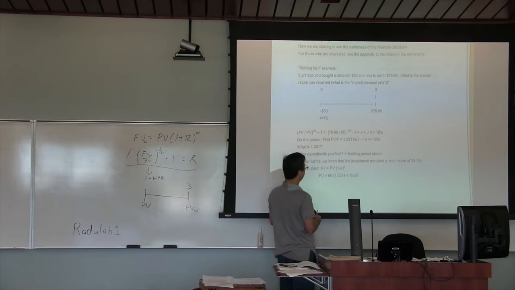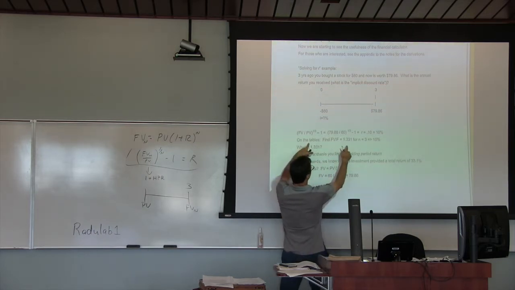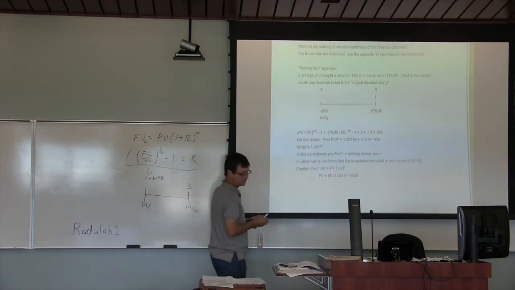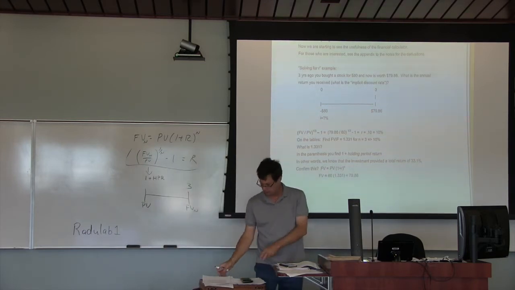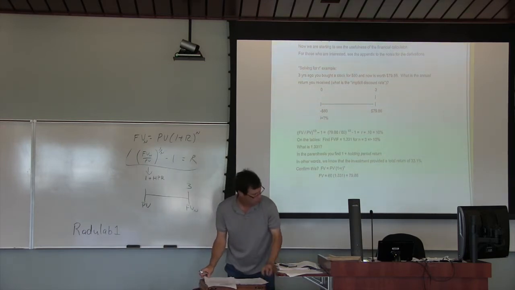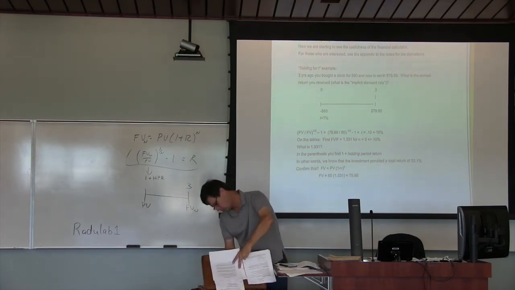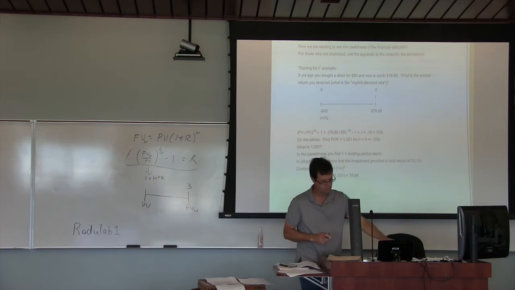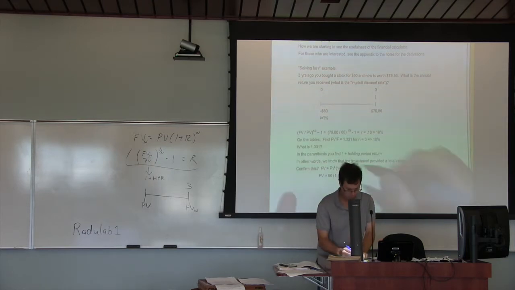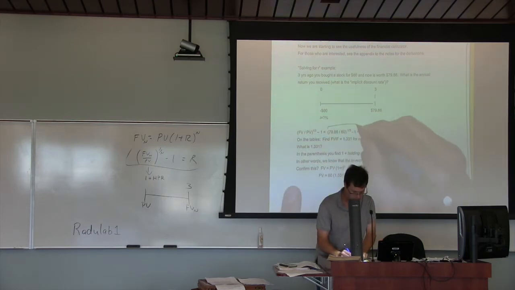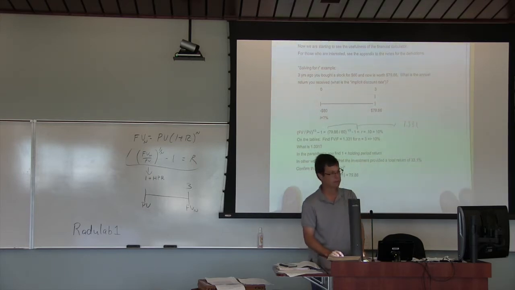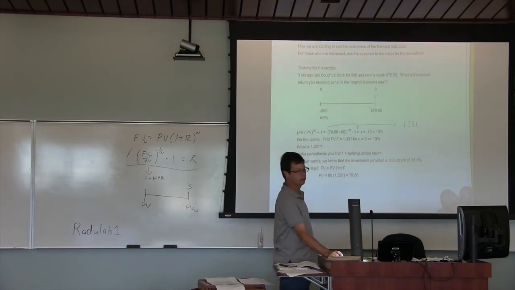The key ingredient here is right there inside of this, the 79.86 over 60. That gives you essentially a factor of 1.331.